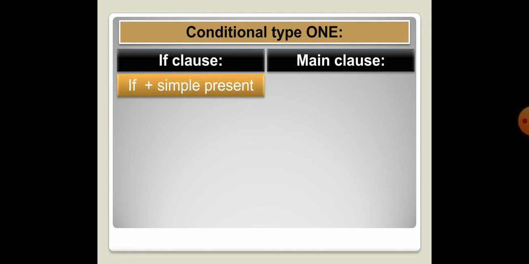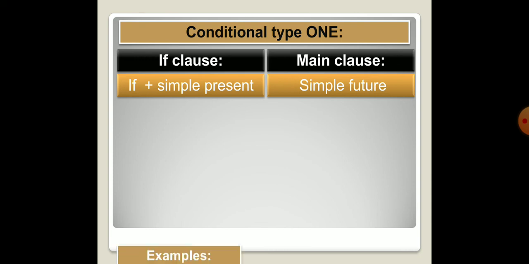Just in conditional type 1, we start with if plus simple present. The difference is that in the main clause we use simple future.